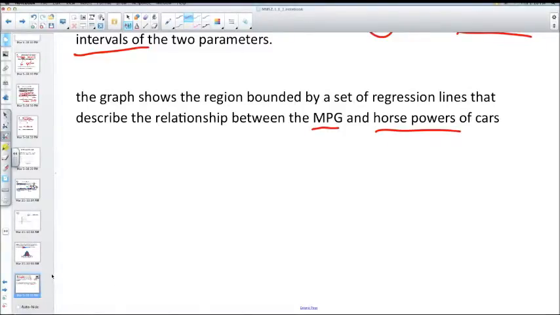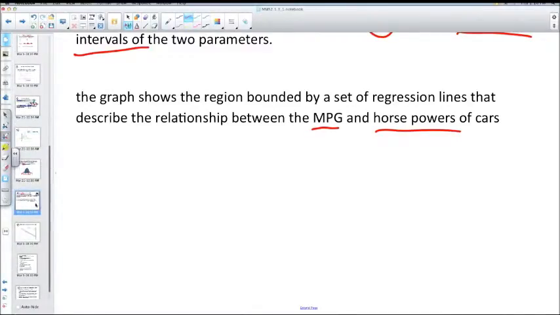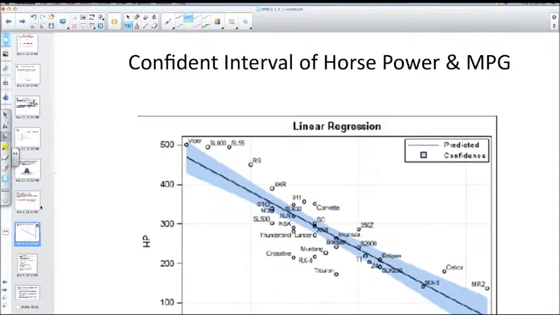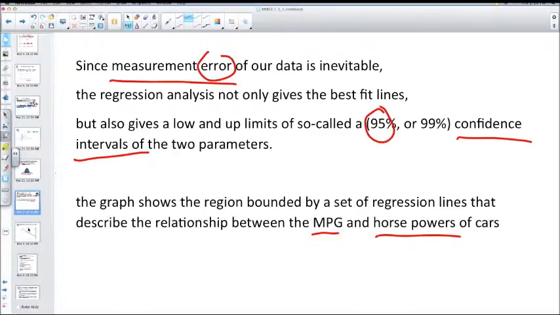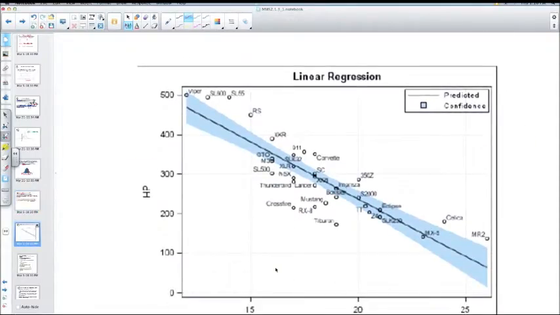So in this case, we got a set of data. And then we not only give you one single line, we give you bundles of lines. And in this case, you can see the shaded area.